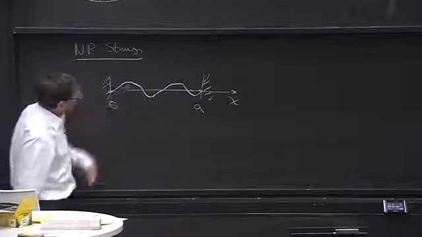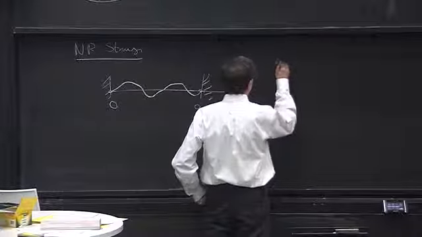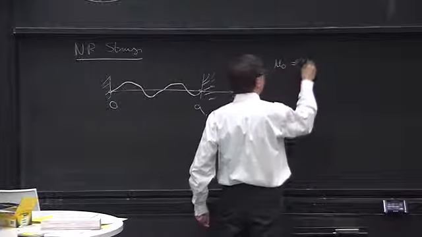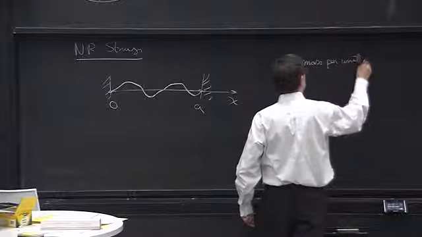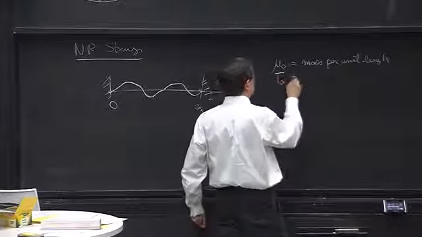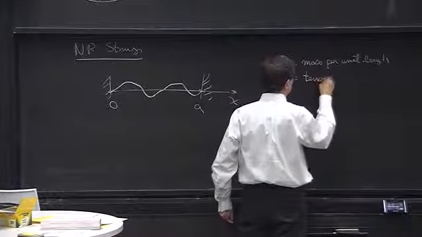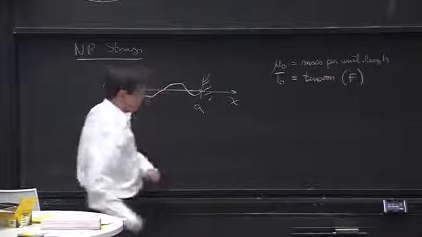When you consider a non-relativistic string, there is a quantity called mu naught, which is the mass per unit length, and it has a tension, T naught, which is a force, as it's stretched here.